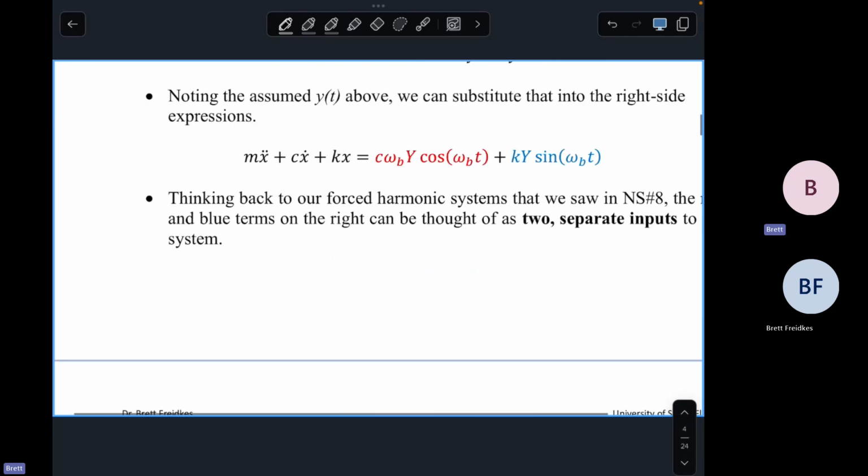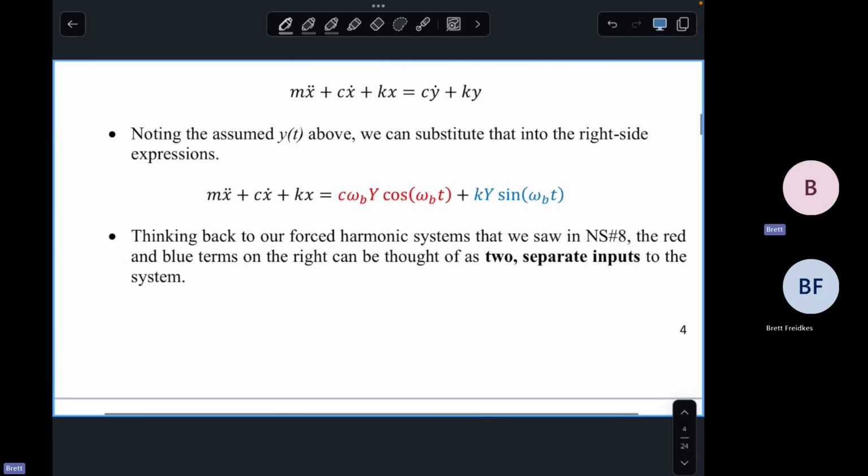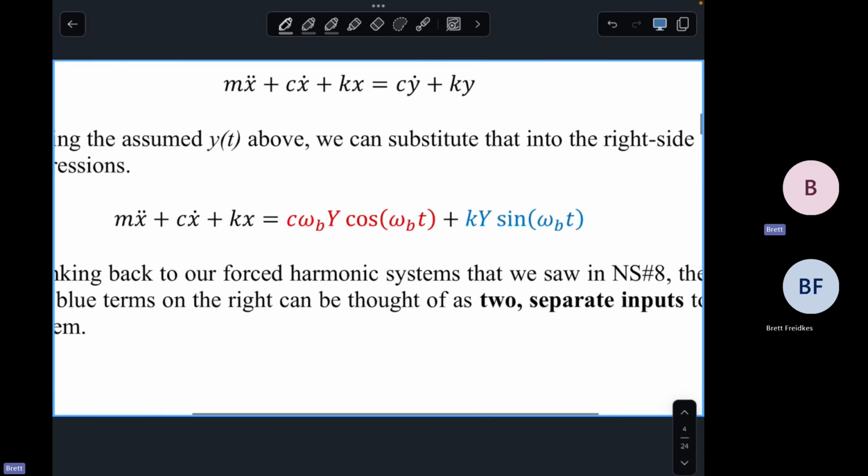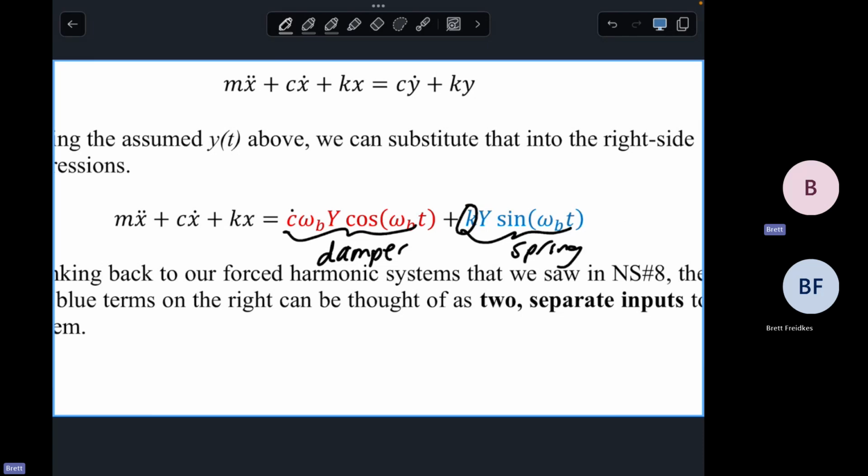And you can go through and end up solving this. We see that we end up with two inputs in this differential equation. This is from the damper, and this is from the spring, because you have the k and the c. So because of both those things present, we end up with two different forces that are happening at the same time.